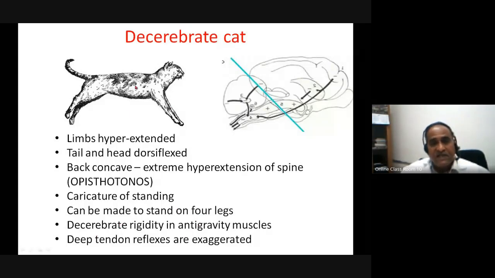Decerebrate rigidity is present in all 4 limbs, especially in the anti-gravity muscles. Deep tendon reflexes are exaggerated. Muscle tone is increased in these animals. So this is a decerebrate cat.